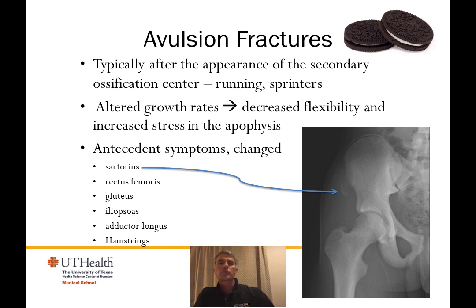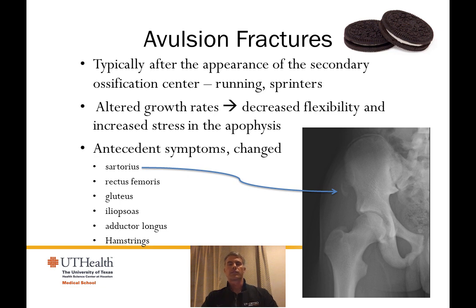We have altered growth rates, so during rapidly growing time periods, those growth plates are more vulnerable to being pulled off, and it can also be related to decreased flexibility and increased stress. Usually kids will complain of soreness in a particular area near the bone, and then symptoms can change. Feel a pop, acutely worsening pain where it was just a dull ache.